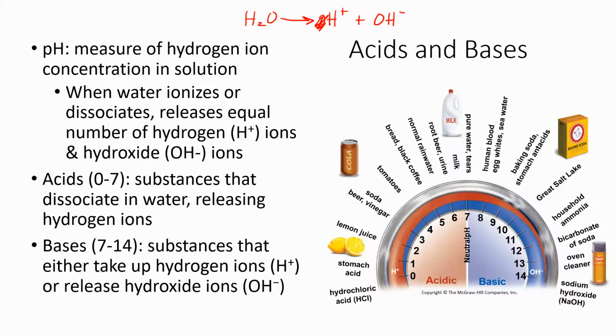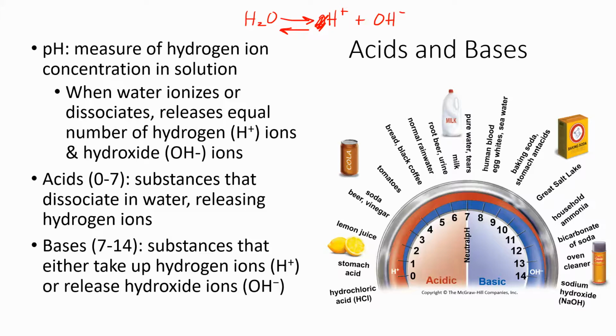This reaction, by the way, is completely reversible. So in any particular collection of water molecules, you'll have some that are spontaneously forming these hydrogen ions and hydroxide ions, and then you'll have some hydrogen ions and hydroxide ions that will combine back together and form water molecules.